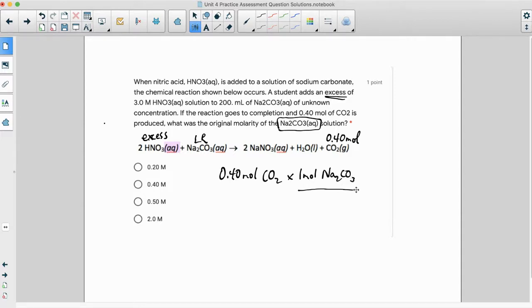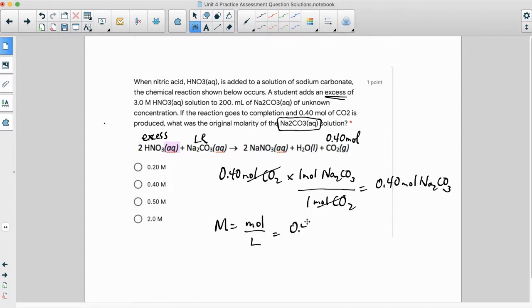Na2CO3 over 1 mole CO2. That equals 0.4 moles of Na2CO3. Okay, so then to find the original molarity, we need our molarity equation, which is moles per liter.